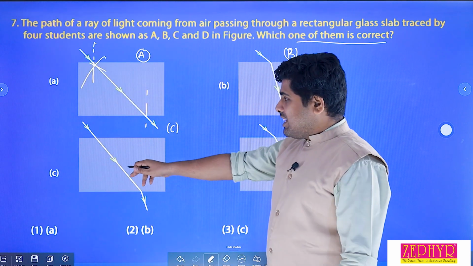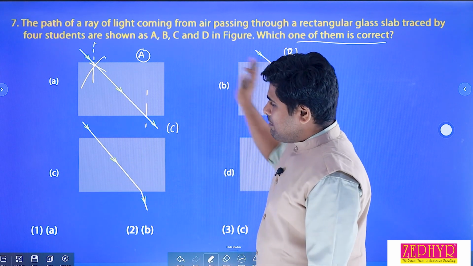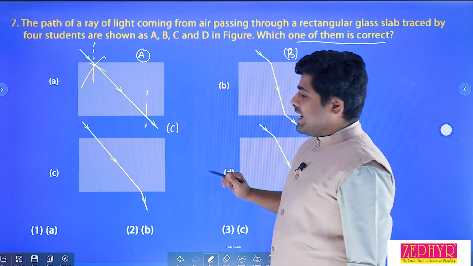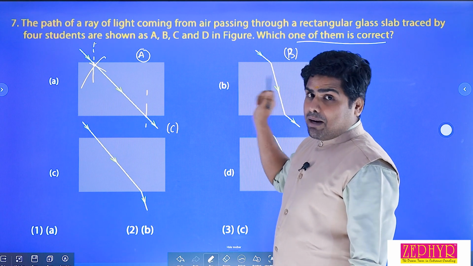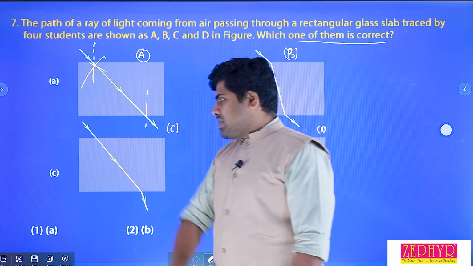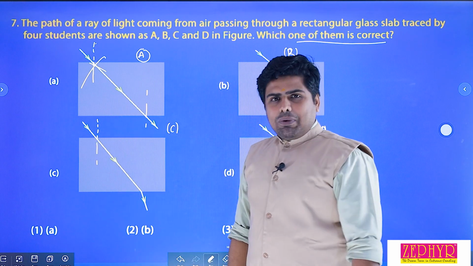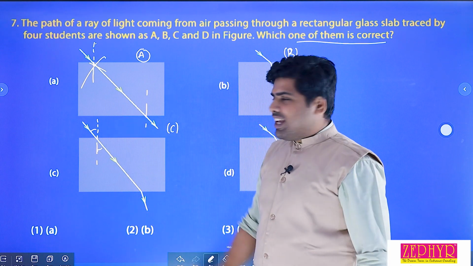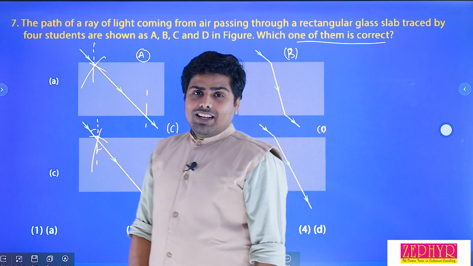Okay, then I move to the third one. Second one, please wait, I am explaining the third one first, and the fourth one second, and finally I will discuss option B. Okay, see here option C. I place the normal here. Now there is no angle variation in this situation. Again, this one is a wrong picture.